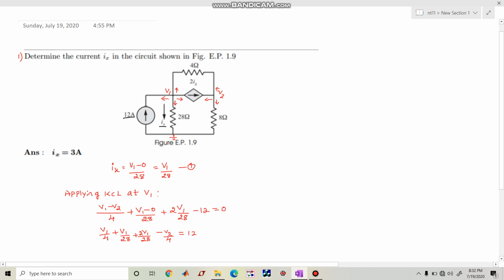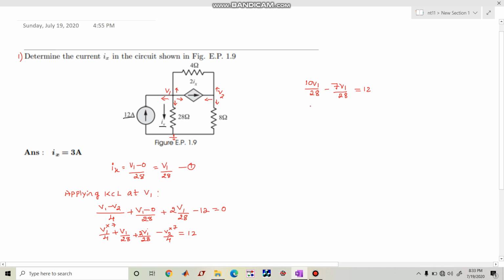Now if you take the LCM of 4 and 28, you will get 28, so I can multiply the first term by 7 and the others by 1. So this is 7V1 plus V1 plus 2V1, that is 10V1 by 28, minus 7V2 divided by 28 is equal to 12.